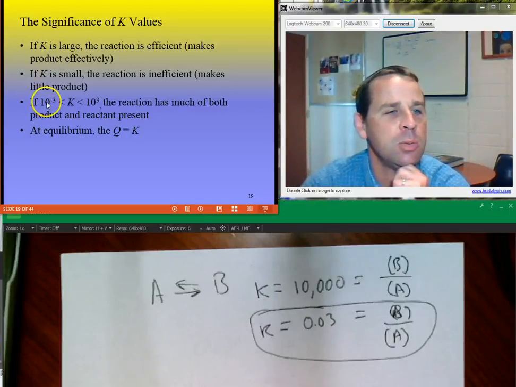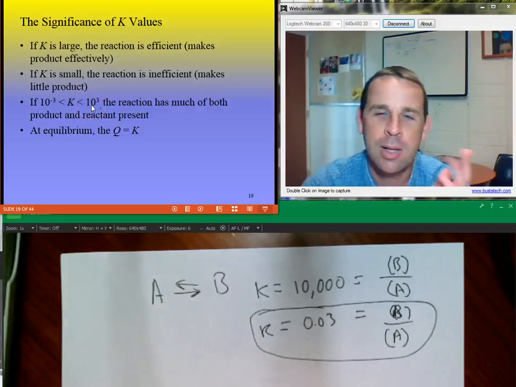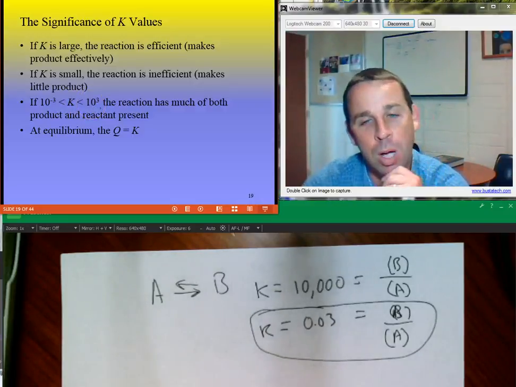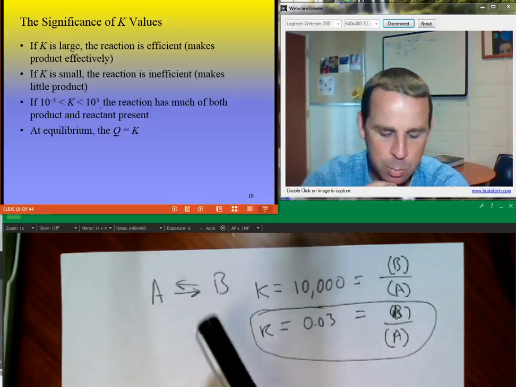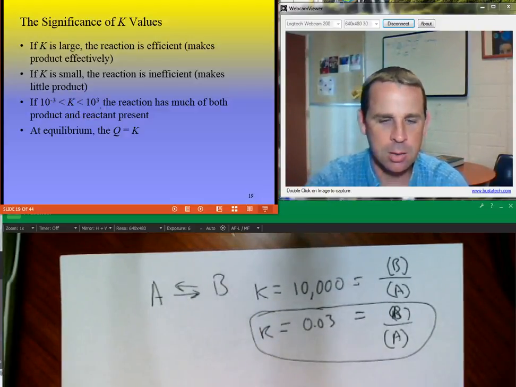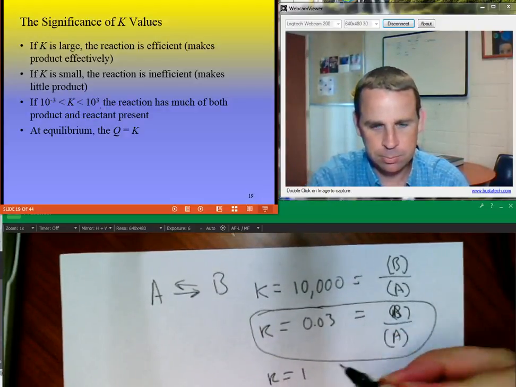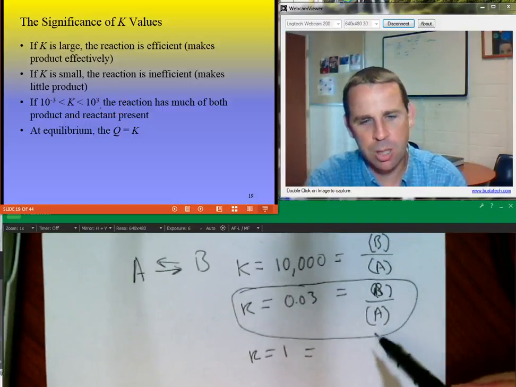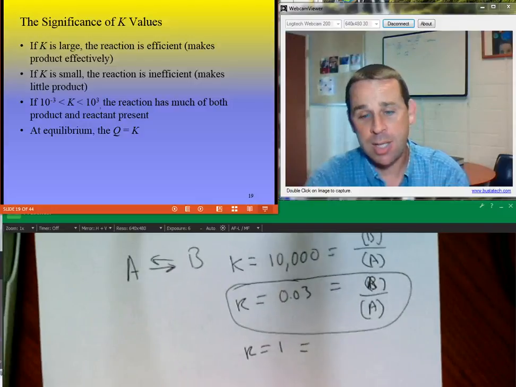However, because the value is not terribly small, we'll go back to this slide. If the value is between 10 to the minus third and 10 to the third, then there's some of each. When you're close to 1, for example, what would 1 mean here? If K equaled 1, what would that tell you about the concentration of the reactants over products? It would mean that they're the same, right?